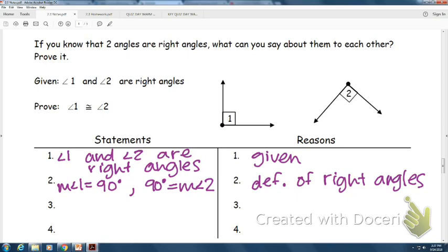Raise your hand for transitive. Very good. What can I say based off this using my transitive property? Measure of angle 1 equals 90. Okay, so we can drop my 90 degrees, and so I'm left with what? Measure of angle 1 is equal to the measure of angle 2. So that is the transitive property.